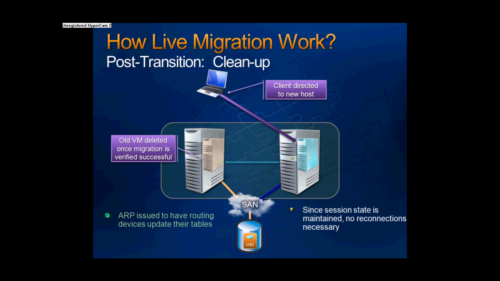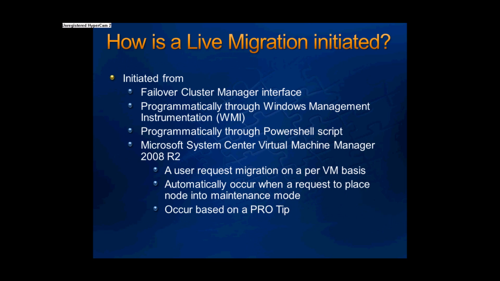The client has already been redirected to the second node without realizing that the virtual machine has been migrated from the first node to the second node. Since the session state is maintained, no reconnection is necessary and there's no downtime during the live migration. I hope you already understand how live migration works, which I explained in my previous slide.